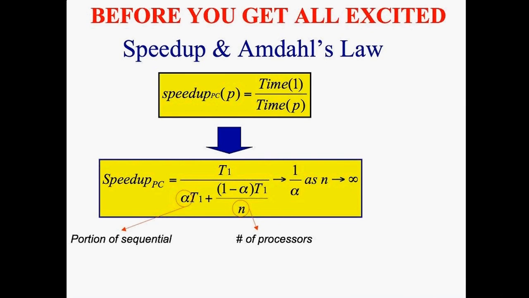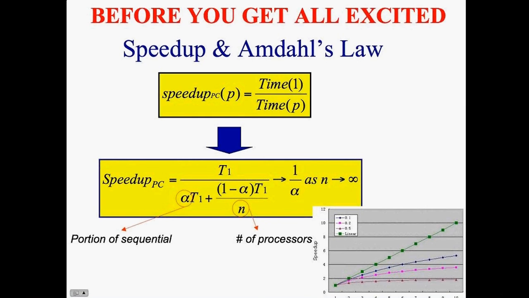So speedup depends on T1, the proportion of T1 that has to remain sequential, and the rest of the job can be split up perfectly and run in parallel. He came up with this simple relationship: as the number of processors goes to infinity, speedup is just 1 over alpha, alpha being the proportion that has to run sequentially.